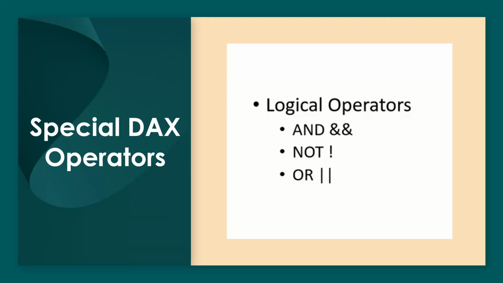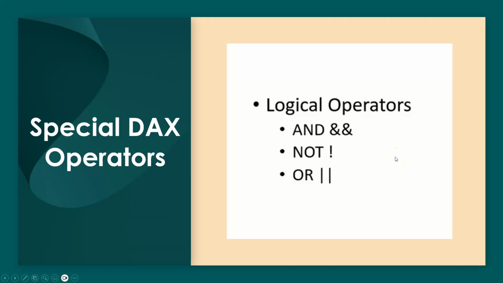That is related to Excel. But when it comes to DAX, you have to put two ampersand signs, and in DAX, NOT is written as an exclamation mark. For the OR, you have to use two pipe symbols.